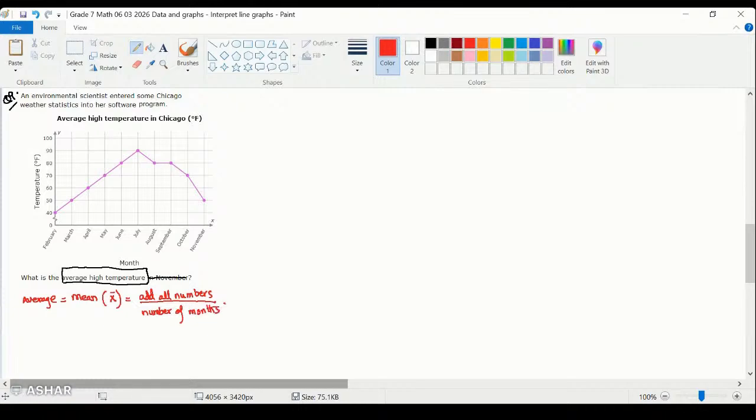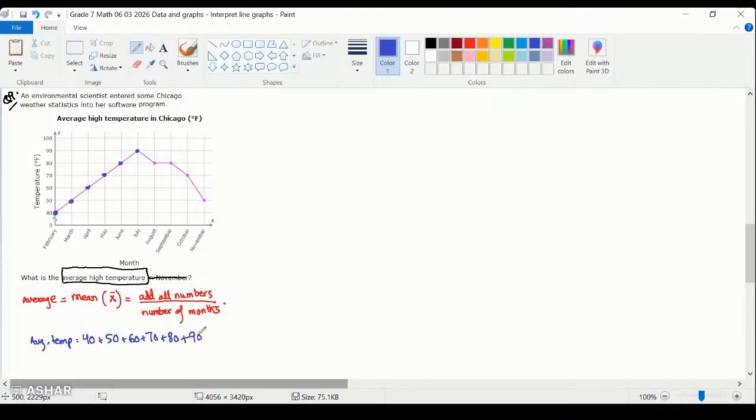So if we need to find the average high temperature for each month, in February the temperature was 40, then 50, right? 40, 50, 60, 70, 80 and 90.